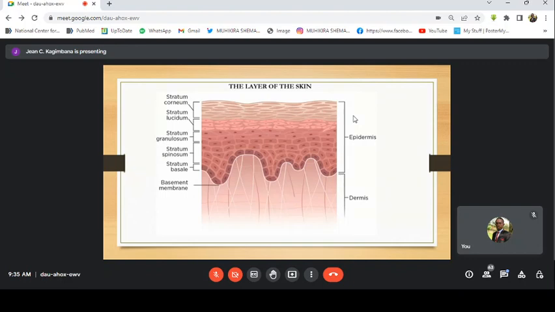When you do a biopsy, you can see on the histological sample this structure of the skin, because some skin conditions may be localized here, or up to the dermis, and this has a big role as well in protection.